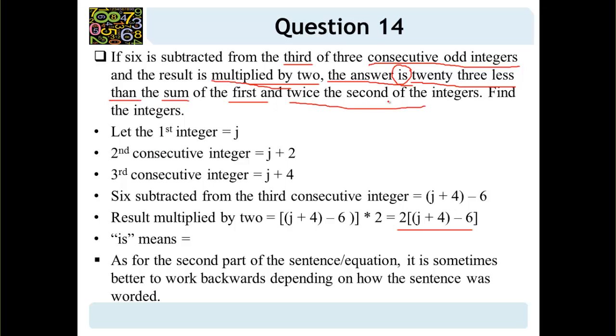Twice the second is 2 times (j plus 2). Then the sum of the first and that is j plus 2 times (j plus 2). And then we have 23 less than that, so whatever we get here, we do minus 23.